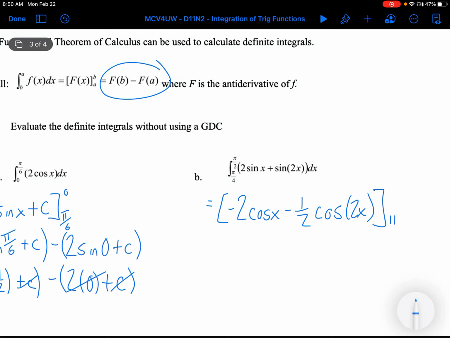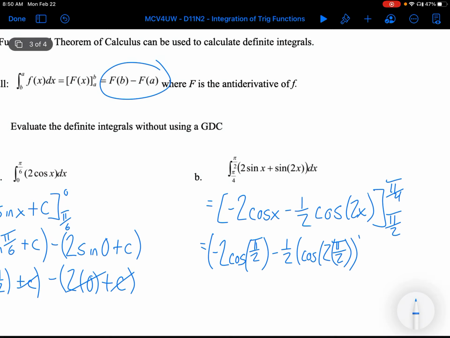And we're going from pi by 2 to pi by 4. So we're going to be subtracting all of this. So negative 2 cos of pi by 2 minus a half cos 2 pi by 2 minus, now we're going to do all of that again.